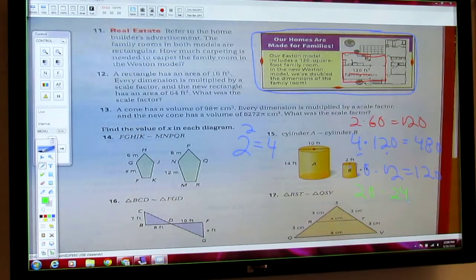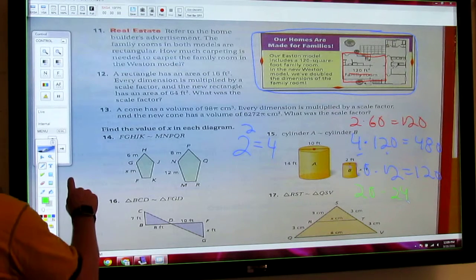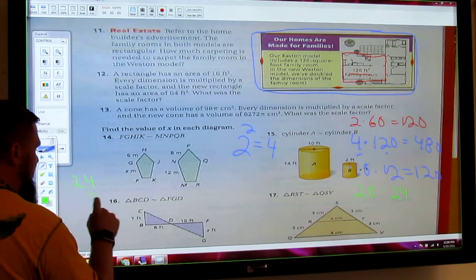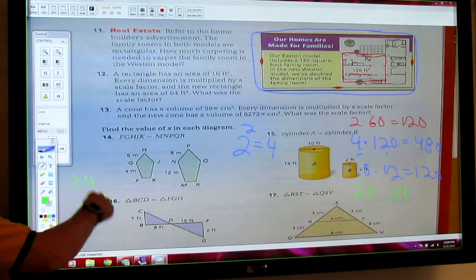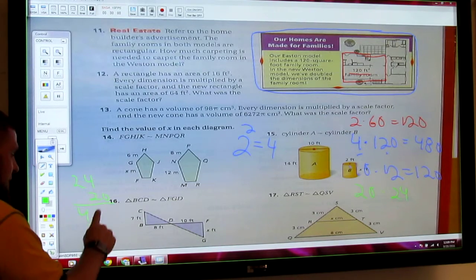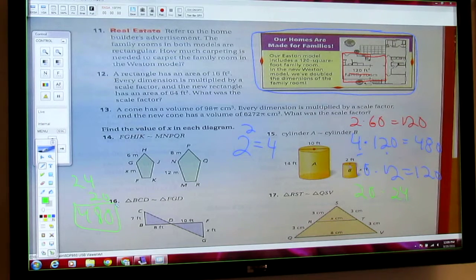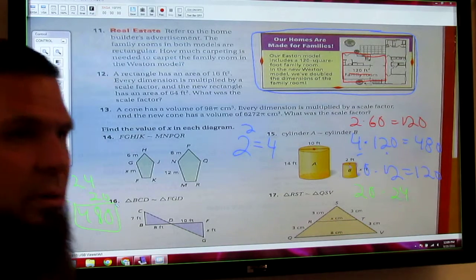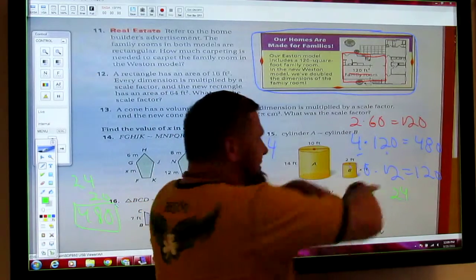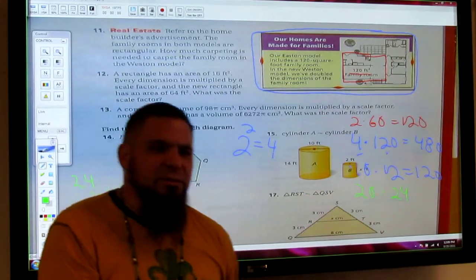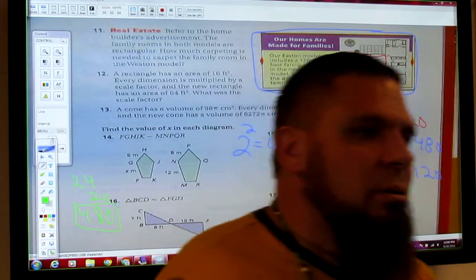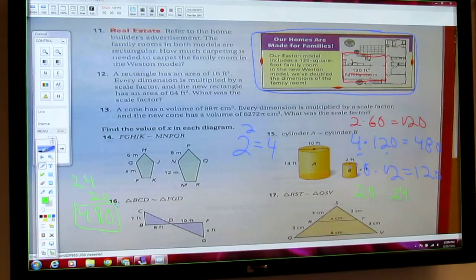What's 20 times 20? Nope. 24 times 20. 2 times 24 is 480, right? Right? So, every single time you double the dimensions, you quadruple this flooring.